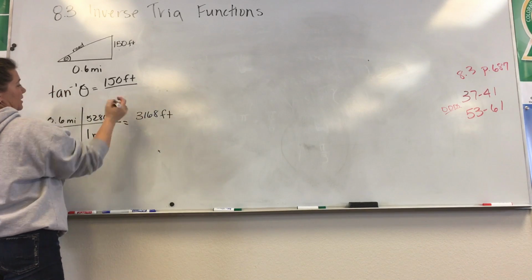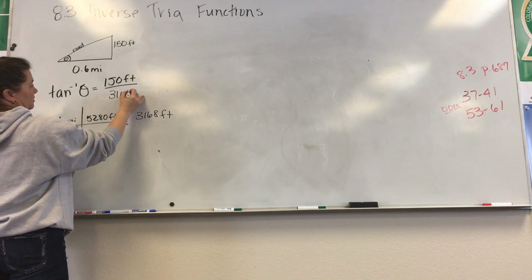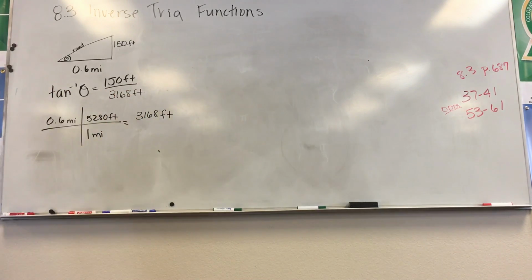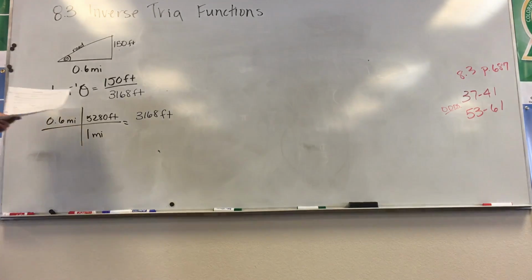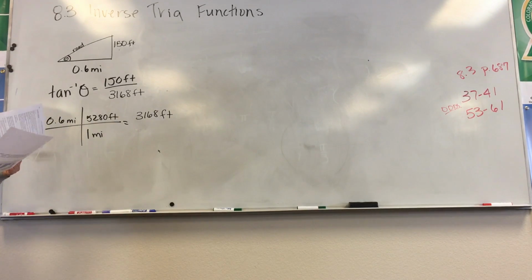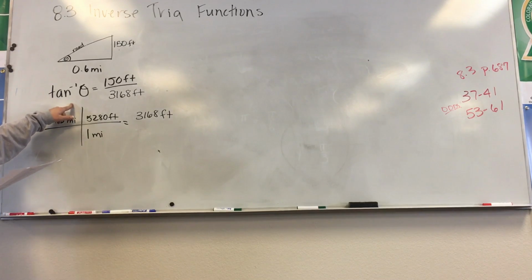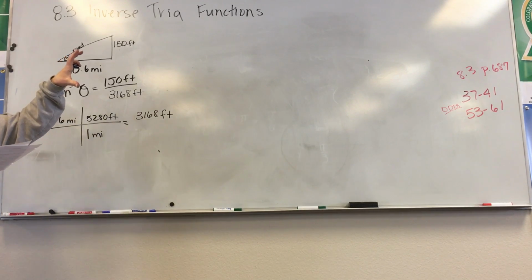So then I just divide those. 150 divided by 3,168. Actually, I guess I just put it in my calculator like that. You put inverse tangent, and it opens the parentheses.